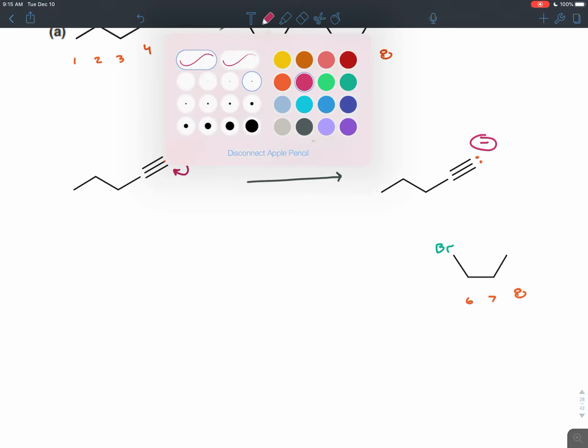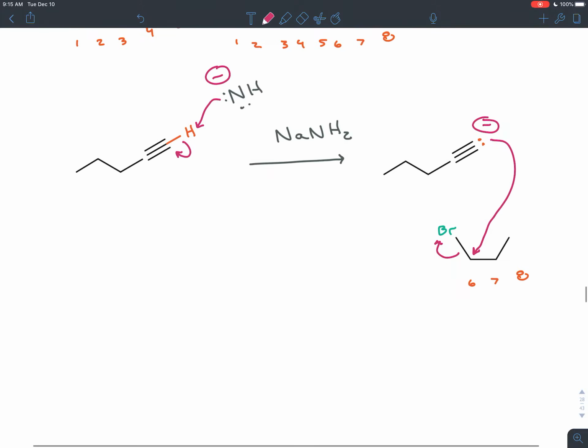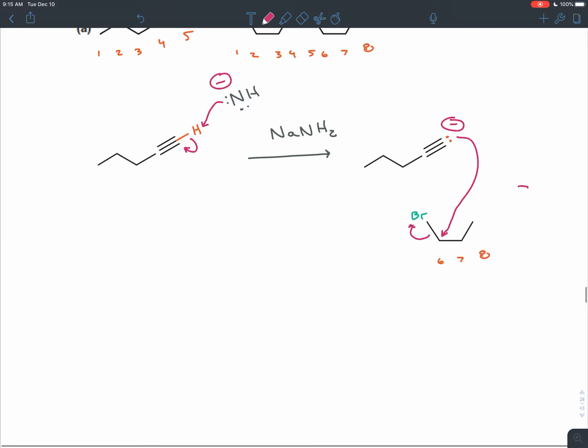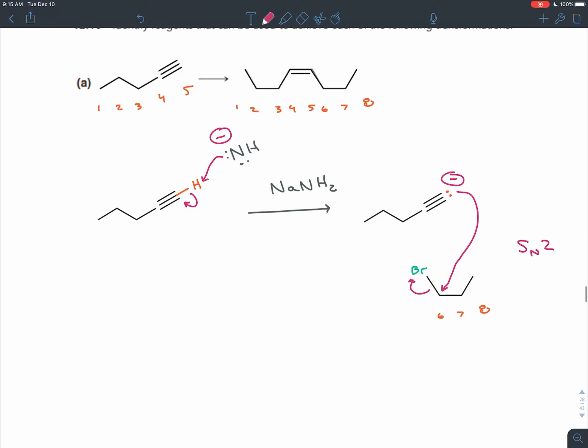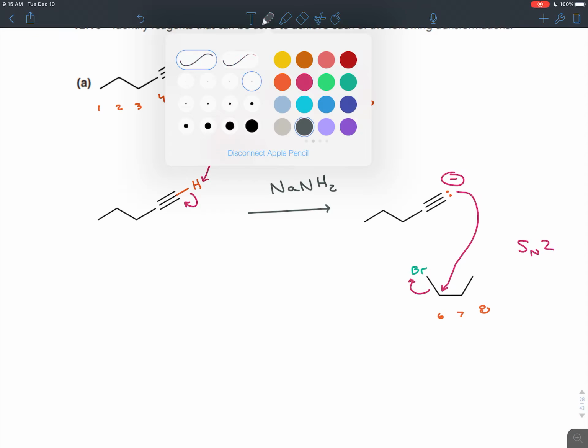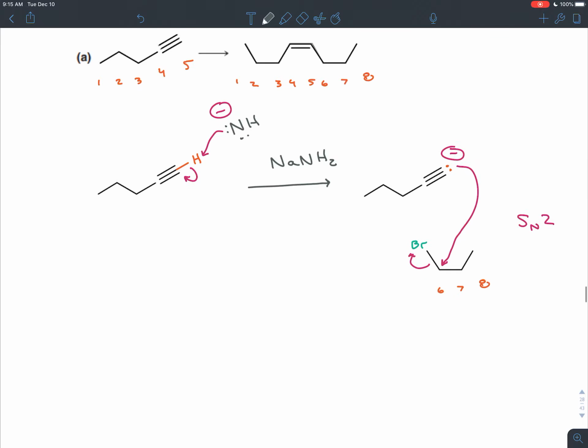We can use it because the nucleophile can now swoop in here, attack the slightly positive carbon there, and kick the leaving group off. So that's a classic SN2 reaction. We have nucleophilic attack and loss of a leaving group happening at the same time. After that step, we now have all 8 of our carbons.